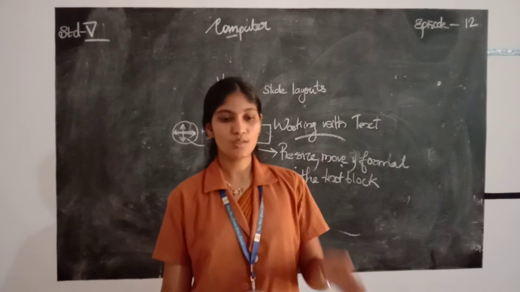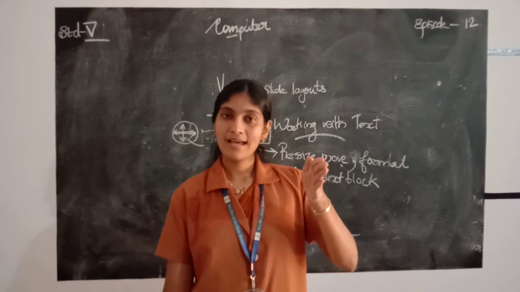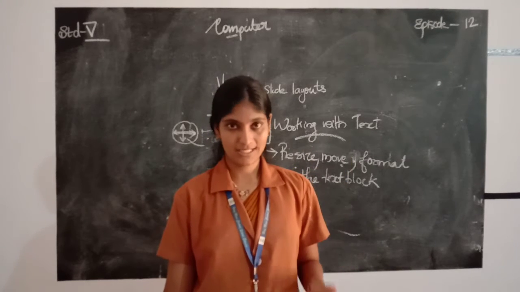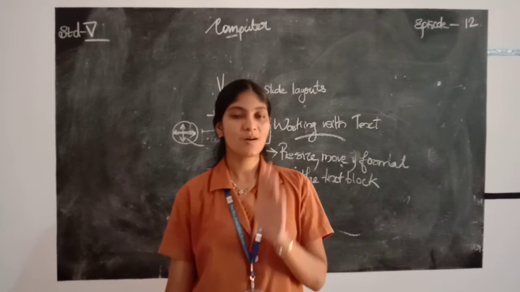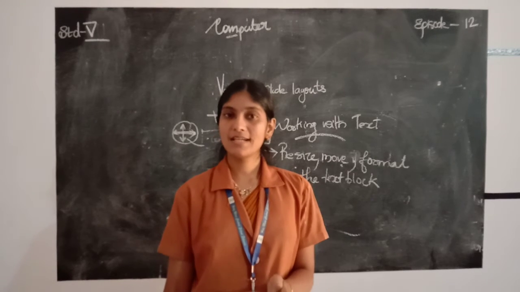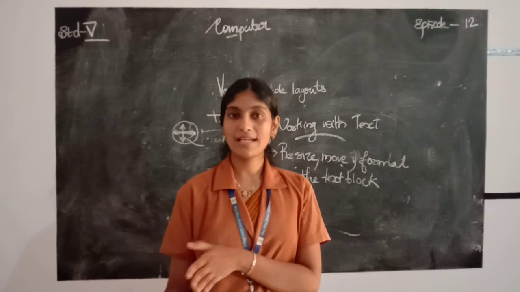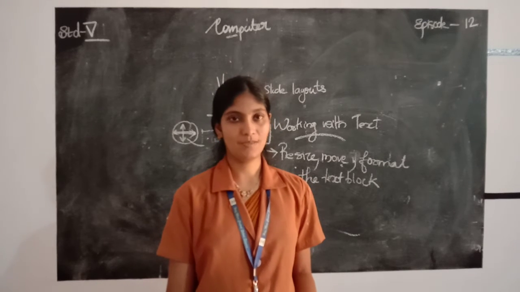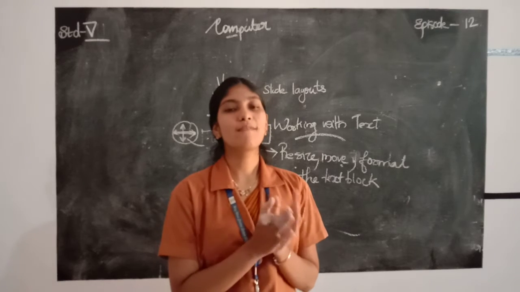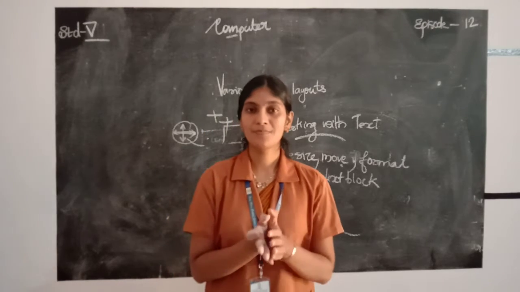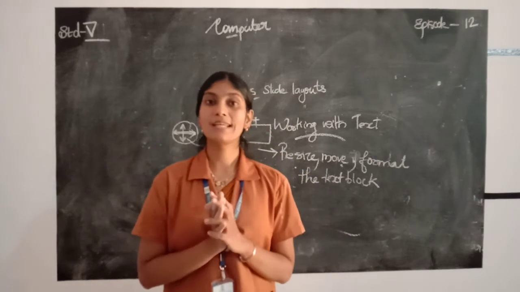All the data attached to the left margin is left alignment. Right alignment means all the text is aligned with the right margin. If the data is present in between the left margin and the right margin, that is center alignment.